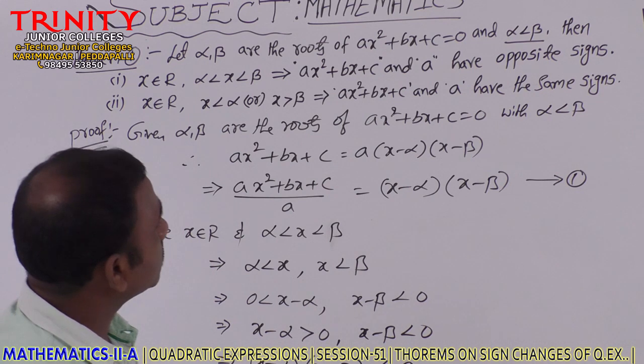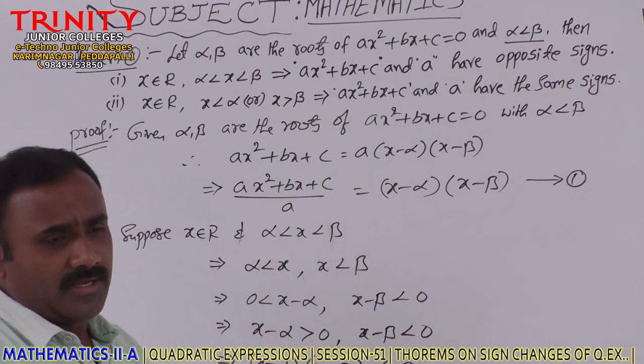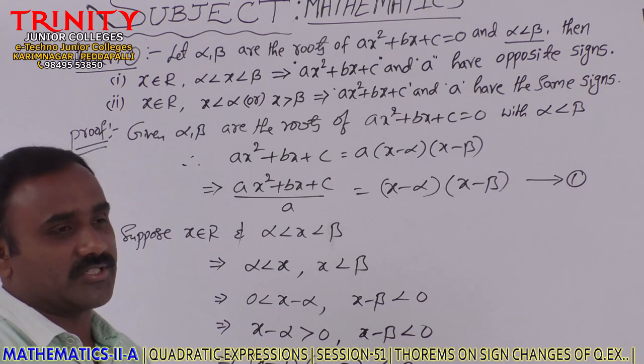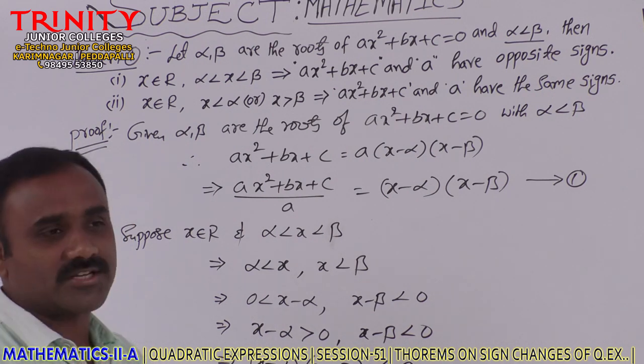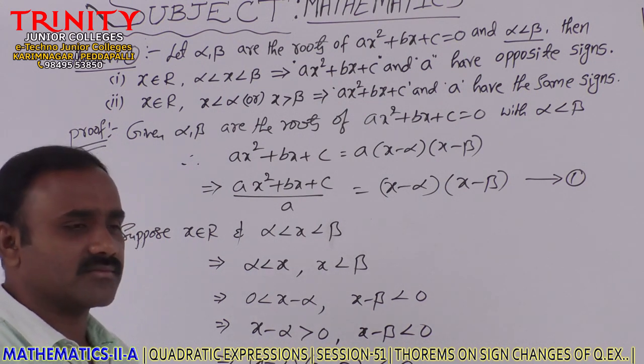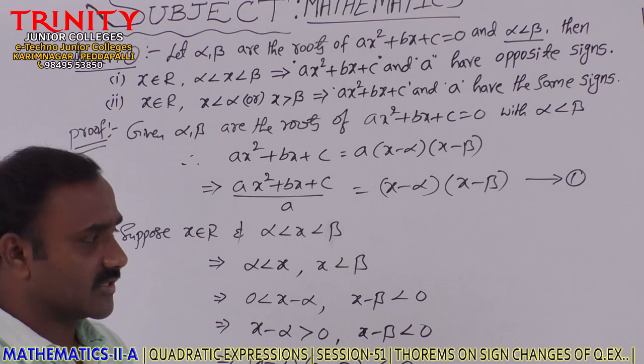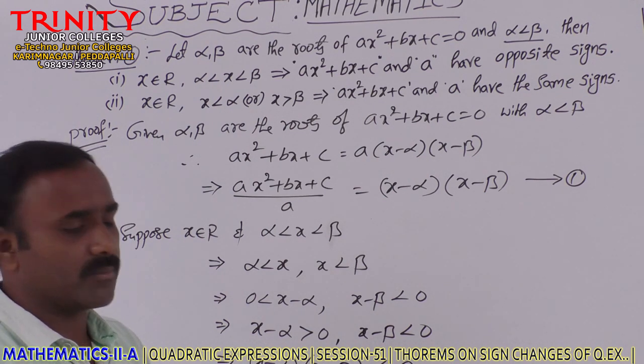Simply we can say that in a quadratic expression, if the expression is less than or equal to 0, always x lies in between. If the expression is greater, the value of x doesn't lie in between alpha comma beta. In that way also you can remember.